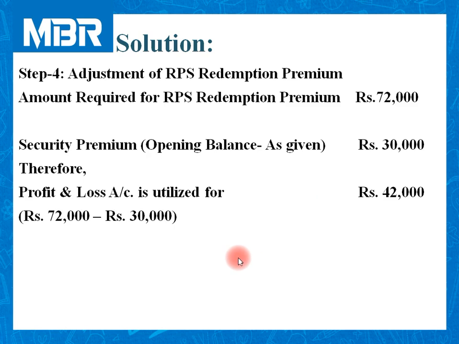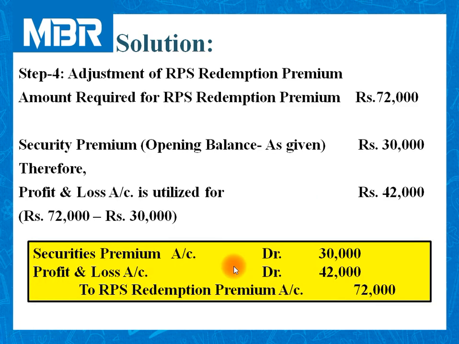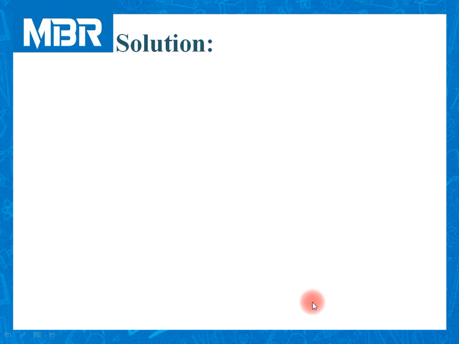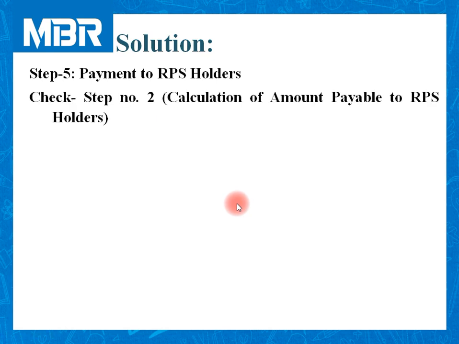Journal entry for these transactions. Security premium account debited 30,000. Profit and loss account debited 42,000 to RPS redemption premium account 72,000. Payment to RPS holders. You need to check calculation number 2.